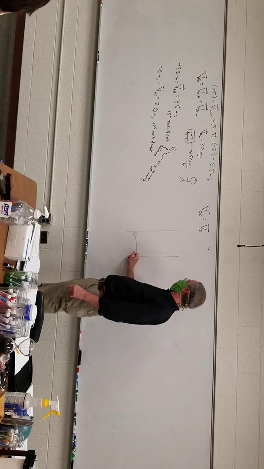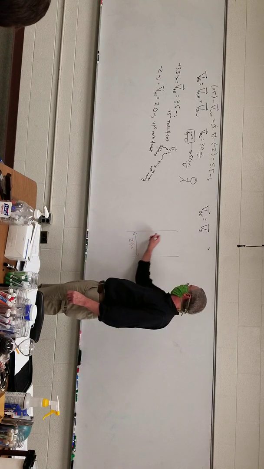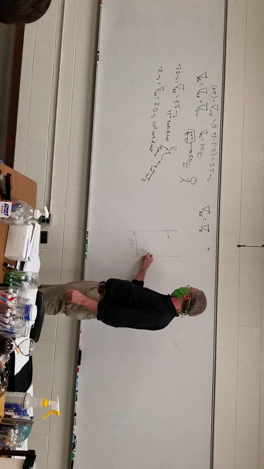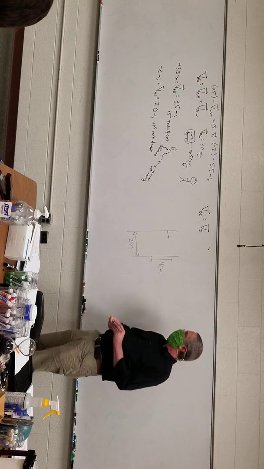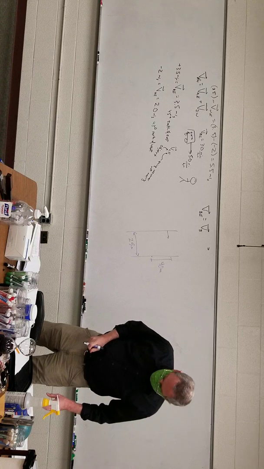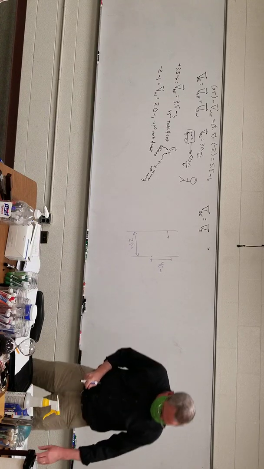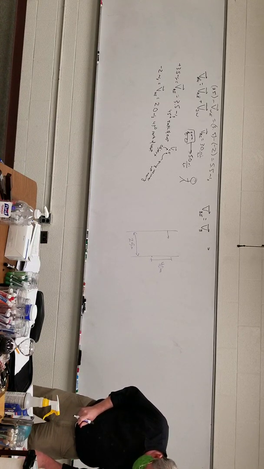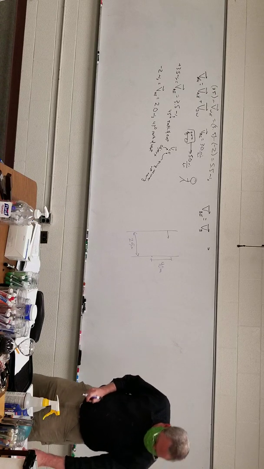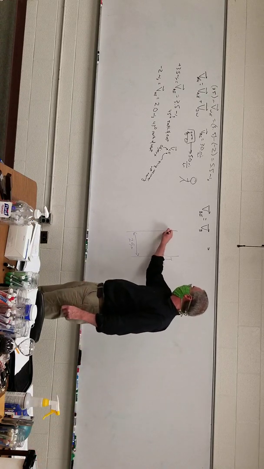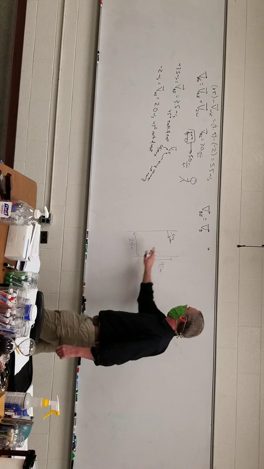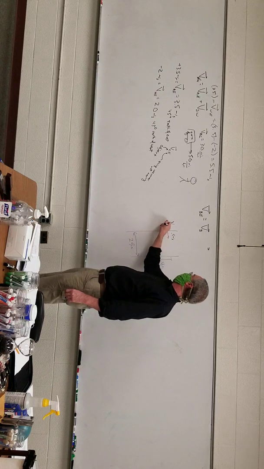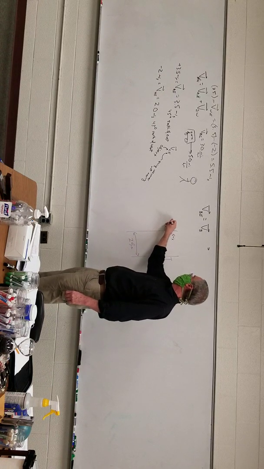So this is my river here, 25 meters across. He's swimming this way and he ends up down here. He's swimming 0.5 meters per second relative to the water. I guess that's the velocity of the swimmer with respect to the water.